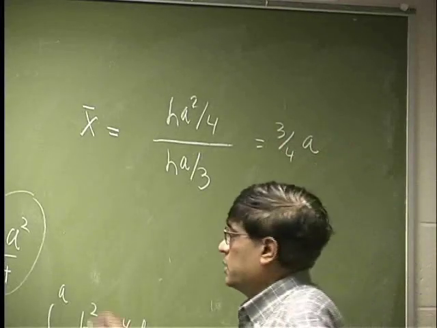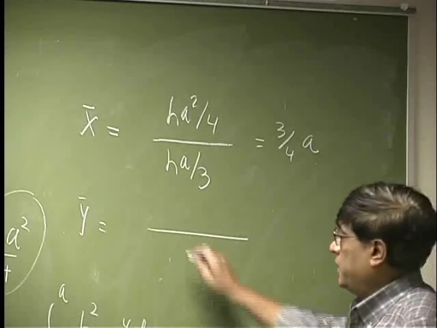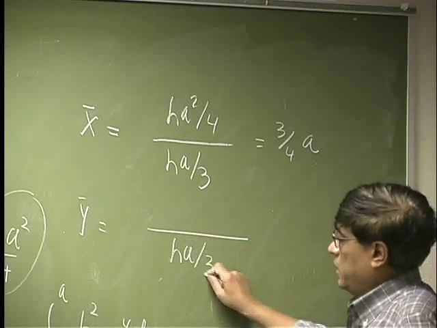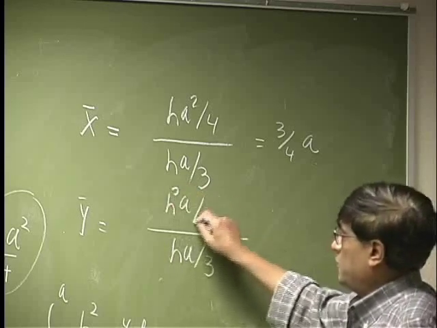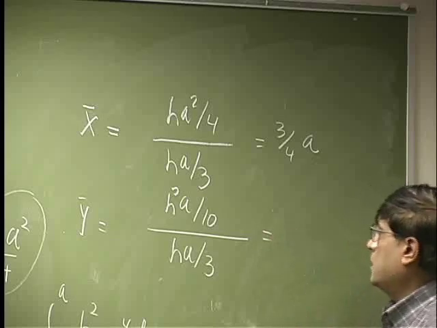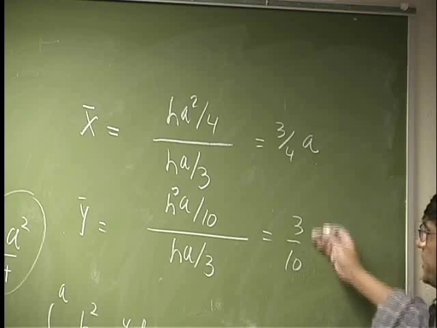That's one coordinate. Then we go to y bar, you divide by the area, which is h a over 3, then you divide by this, that's h squared a over 10, and in this case you get 3/10 of h.